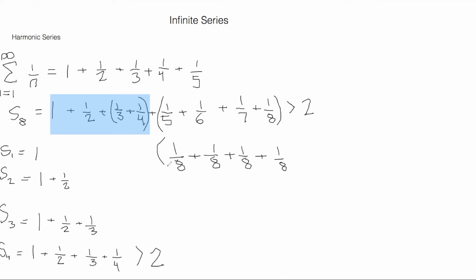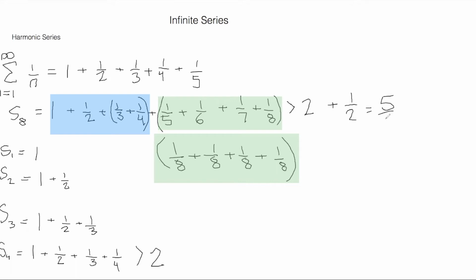So this is 4/8, which is just another fancy way of saying 1/2. So this is just going to be adding 1/2. So we have 2. And I want to maybe color code this part as well. So we're comparing this partial sum to this 1/2. And we can tell that it definitely has to be greater than 1/2. So this gets us 5/2.